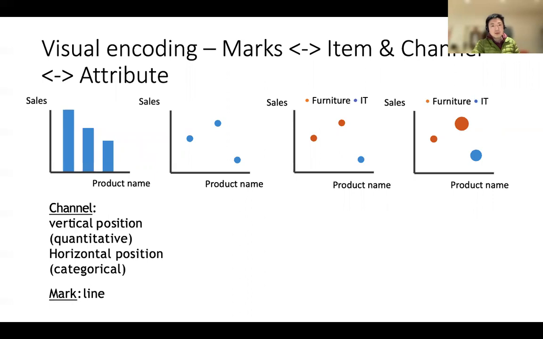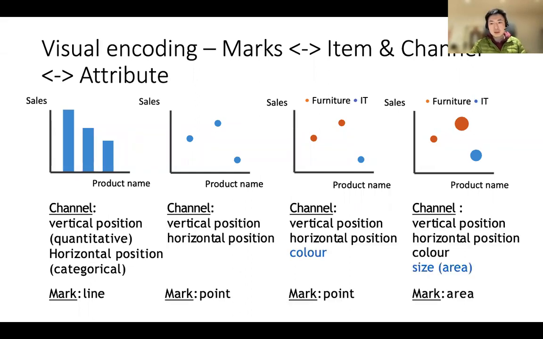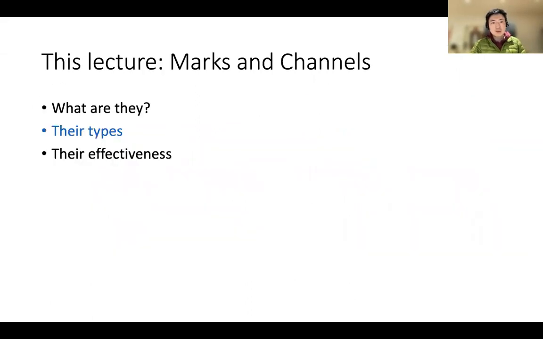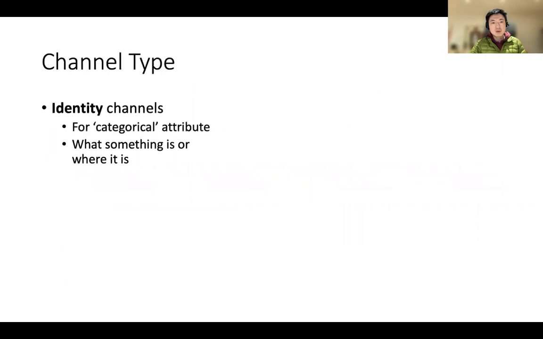Okay, and we spent a little bit of time looking at different examples. So for these quite simple charts, we tried to figure out what are the marks and what are the channels. We're not going to go through them here again. And then we talked about different types of channels, because some channels are good at representing quantitative values, whereas other channels are good at categorical values.